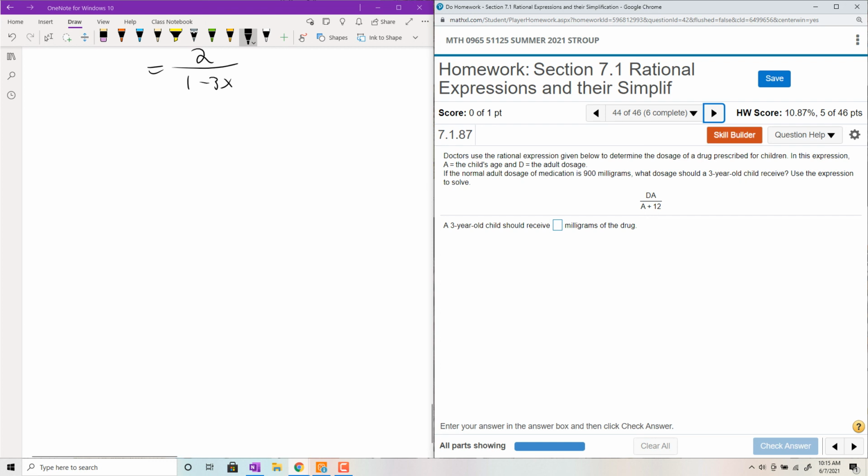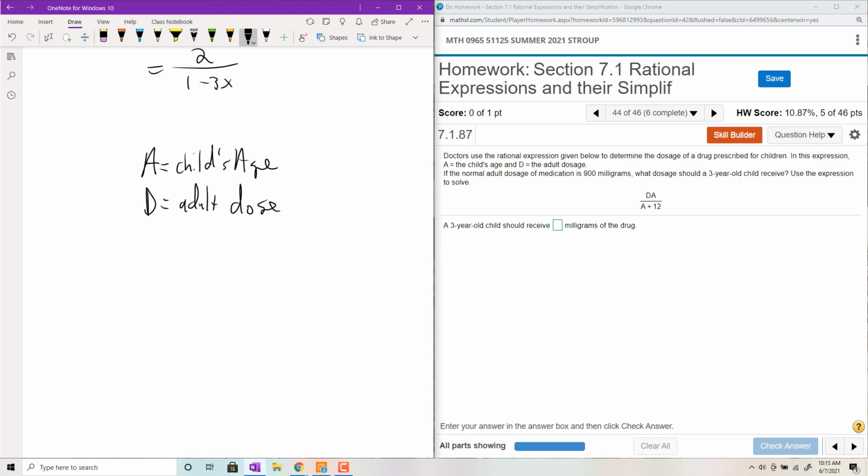Application here. This is good if you're maybe a nurse or something. Doctors use a rational expression to determine the dosage of a drug prescription for children. In the expression, A is a child's age, and D is the adult dose. Normal adult dose is 900 milligrams, so D is 900.